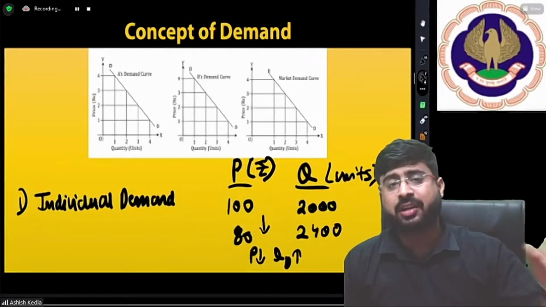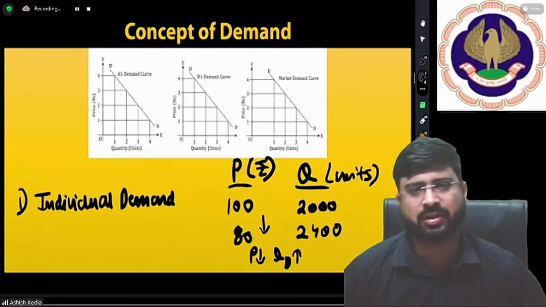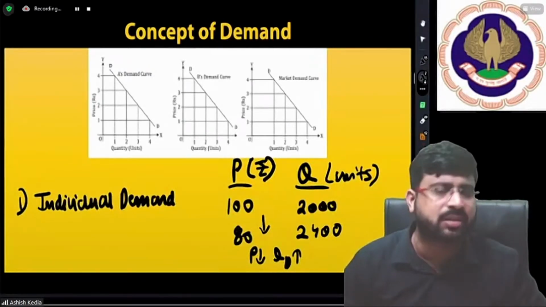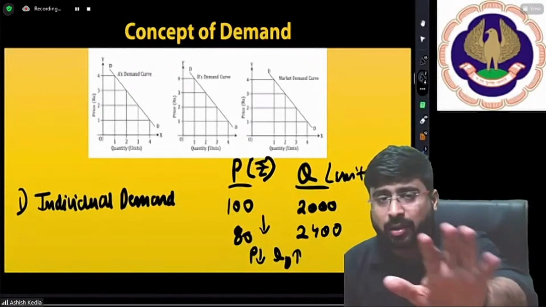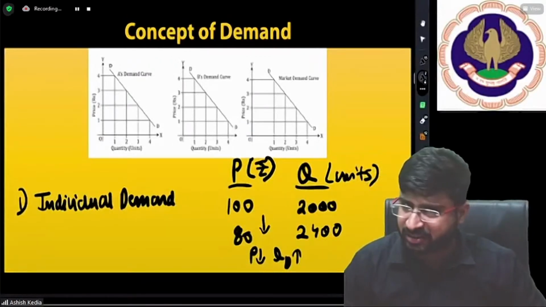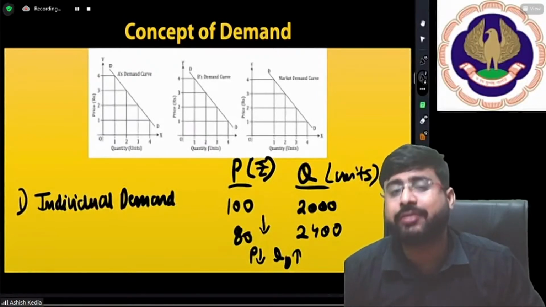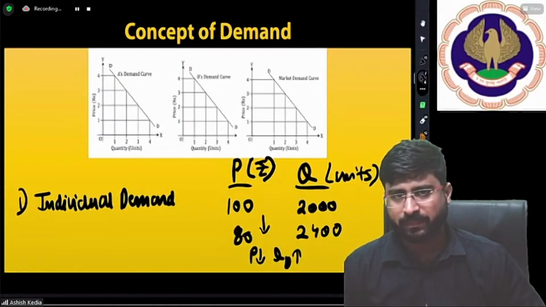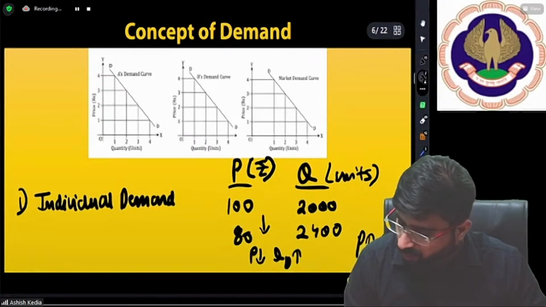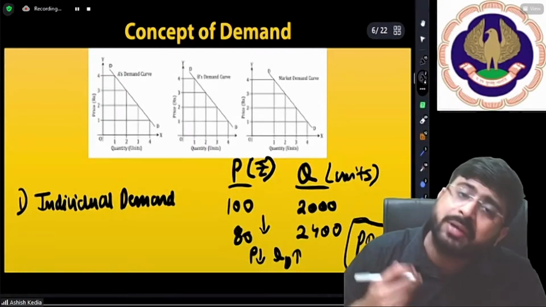But is price the only factor affecting demand? No, sir. There are many factors affecting demand. Let's say consumers' income is increasing and many other things are happening. When we talk about the law of demand, please remember, it tells us that when price rises, quantity will fall, and when price falls, quantity will rise, other factors remaining constant.